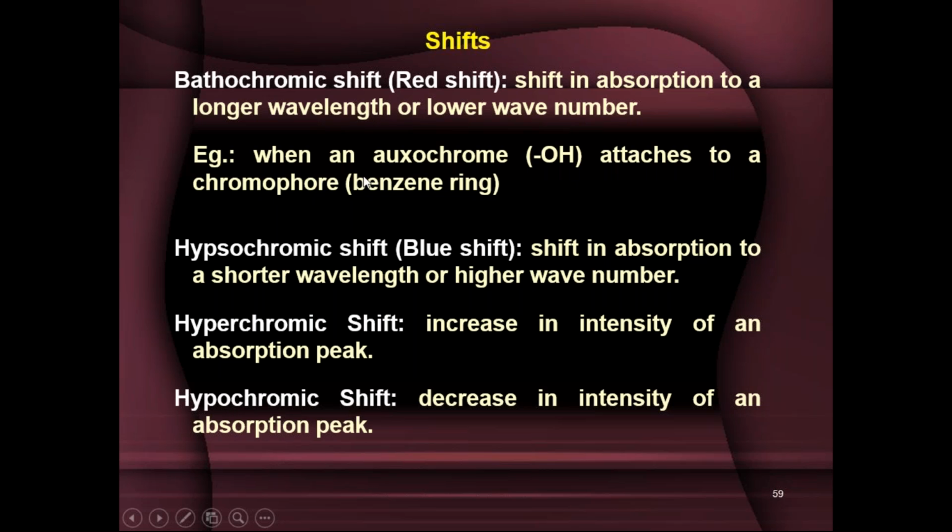One example is when an auxochrome attaches to a chromophore. The chromophores we have already seen. One example is the benzene ring itself, the phenyl nucleus, and the auxochrome. If OH attaches to benzene, what do you get? You get phenol. So once benzene is changed to the phenol structure, we will see that the absorption spectrum actually shifts to longer wavelength.